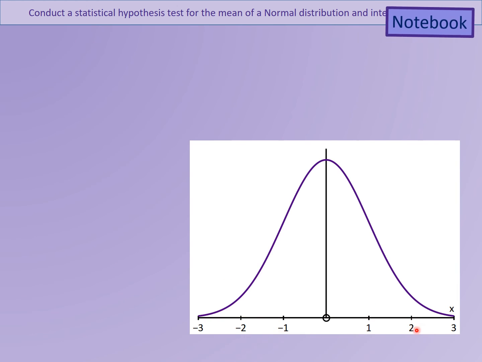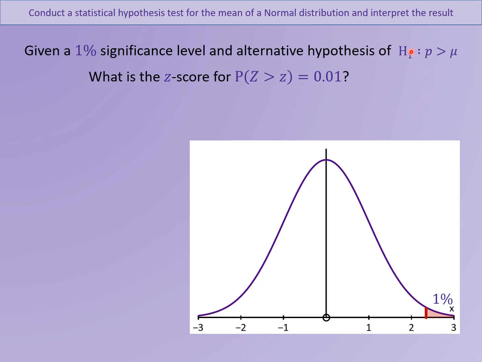If on the other hand it's the other way around, so in this case it's going to be a greater than 0.1, so this is a 1% significance level, then you notice that you're getting this value just here. So you can grab your calculators: 2.33, that is our test statistic. What can we say about 2.33?